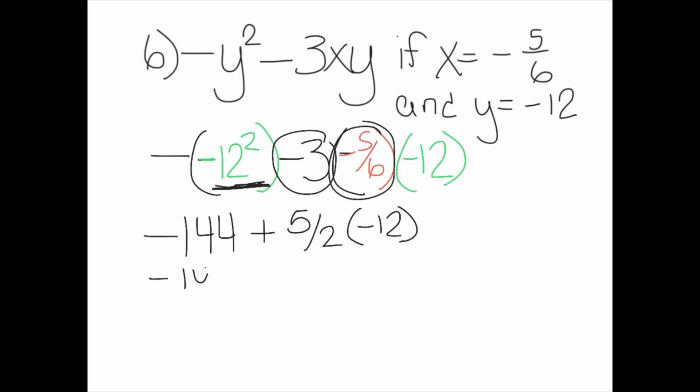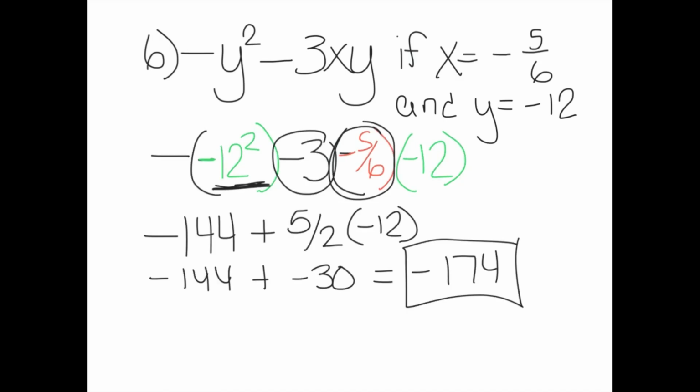So negative 144 plus negative 30 equals negative 174. You notice I'm not doing all of these on this notes page. Those are some others you can practice, because the ones I'm doing, like number 6, number 5 is the same type of problem. Practice those, and we will go over them when you come to class.